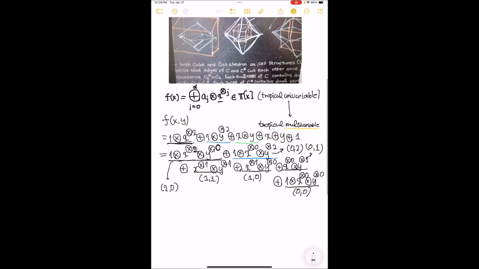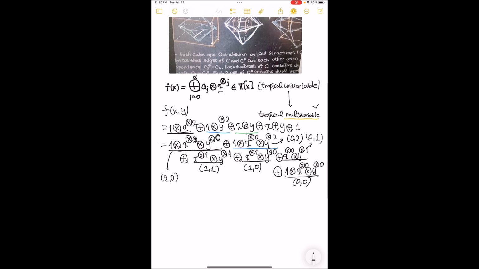So if we generalize a tropical multivariable, the power of x, y plays an important role to express a multivariable. So the expression depends on these indices.